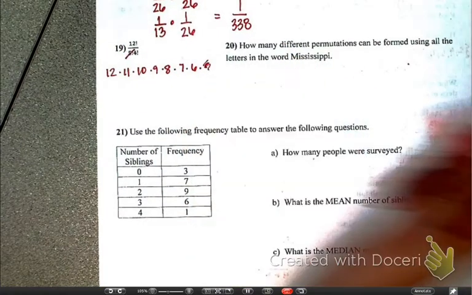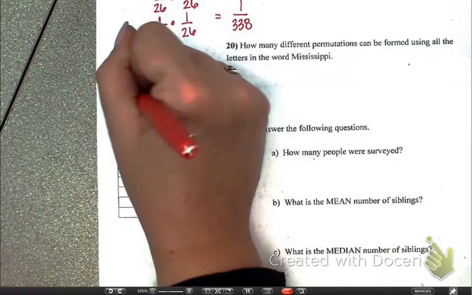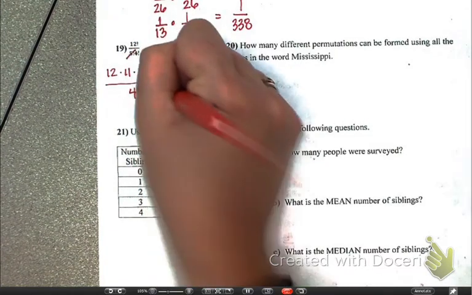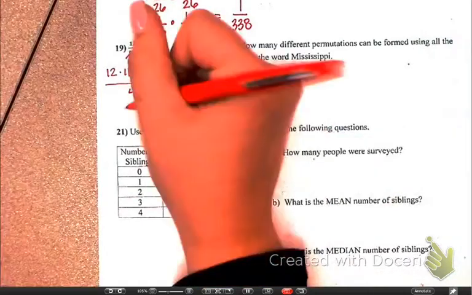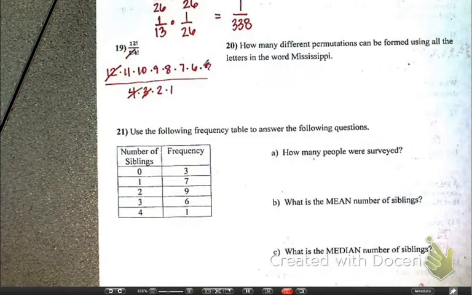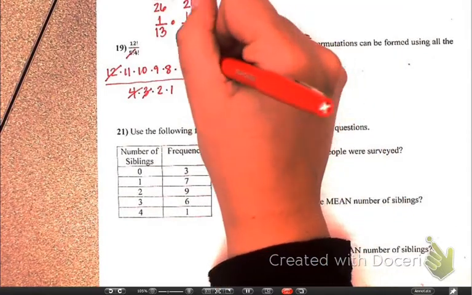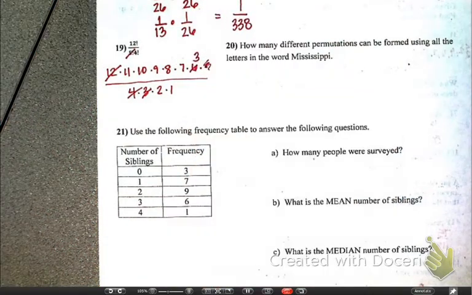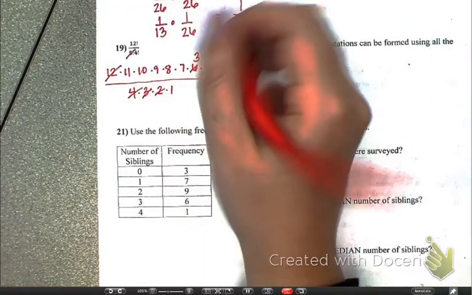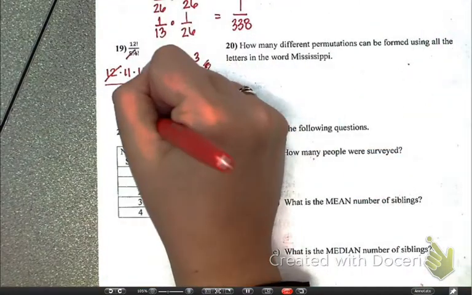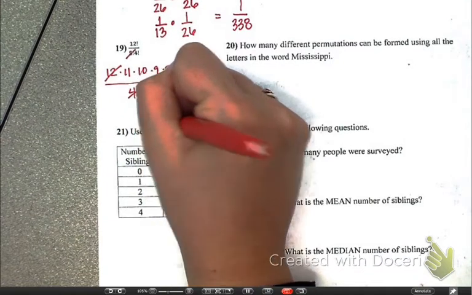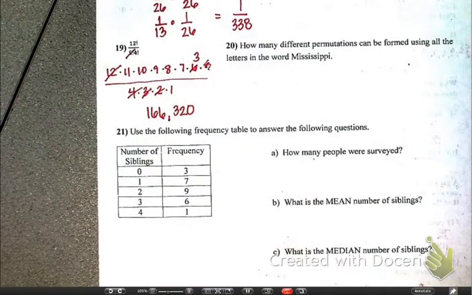I still need to write out my 4, 3, 2, 1. 4 times 3 is 12, so that's gone. 2 cancels with the 6, the 8, or the 10, it doesn't matter. So I have 11, 10, 9, 8, 7, and 3 to multiply, and I end up with 166,320.